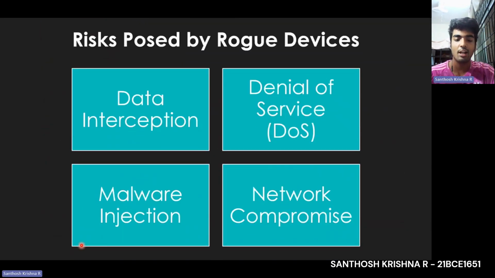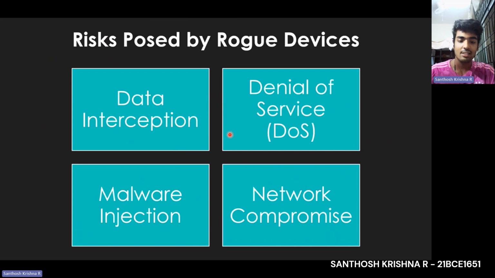So, what kinds of risks are posed by rogue devices? Rogue devices pose several security risks. They can intercept data, which can lead to sensitive information being stolen, and they can also disrupt services by launching denial of service attacks.